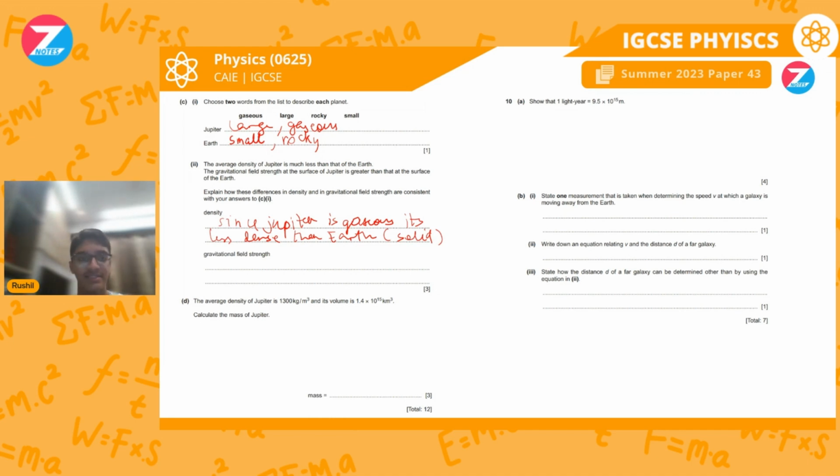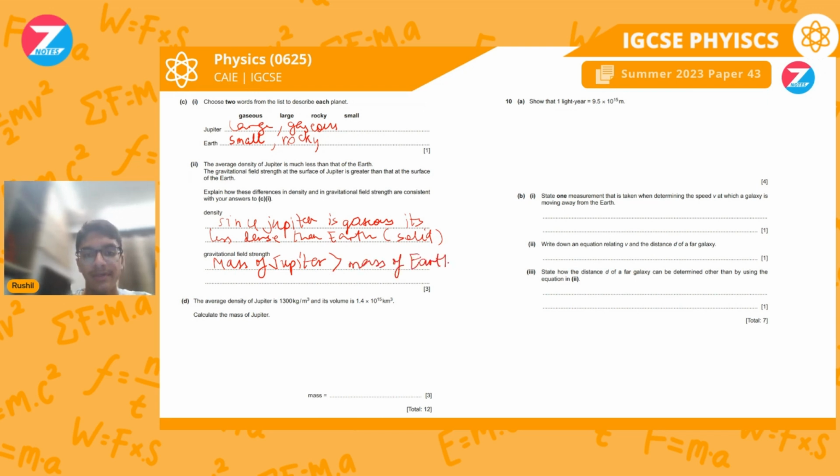Gravitational field strength. Now, this will require two things to be mentioned. So the gravitational field strength at the surface of Jupiter is greater than that at the surface of the Earth. This is because the mass of Jupiter is greater than the mass of Earth.